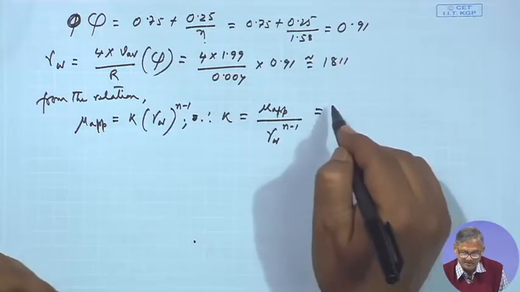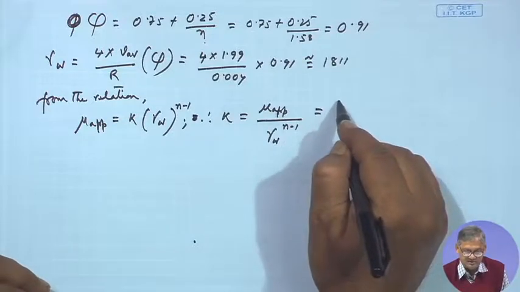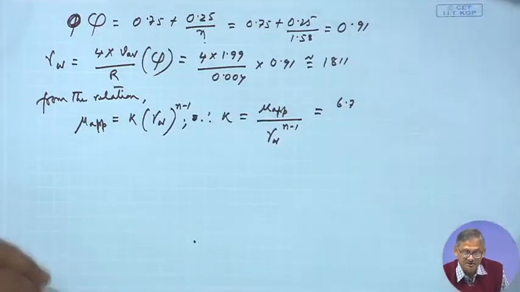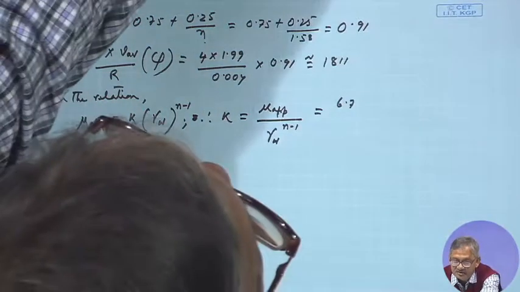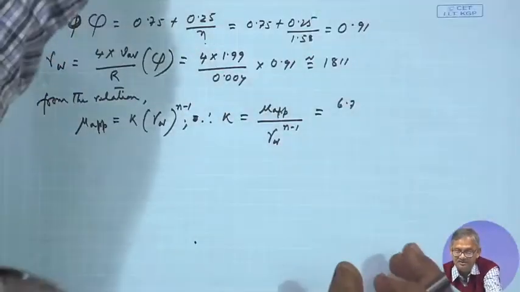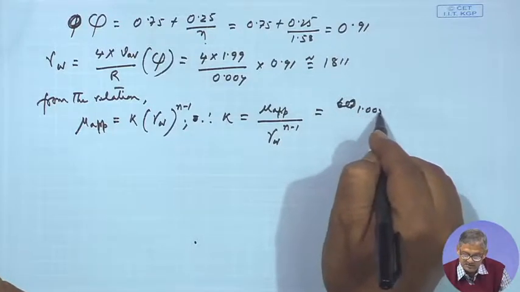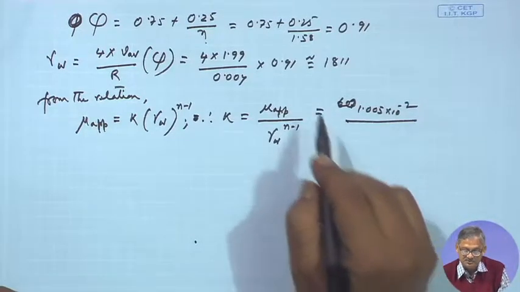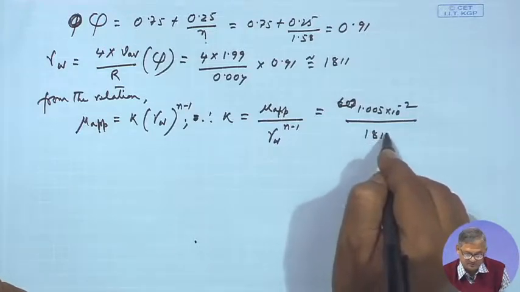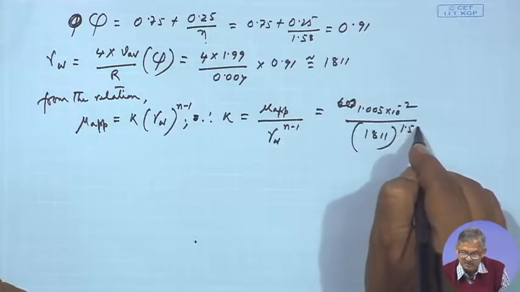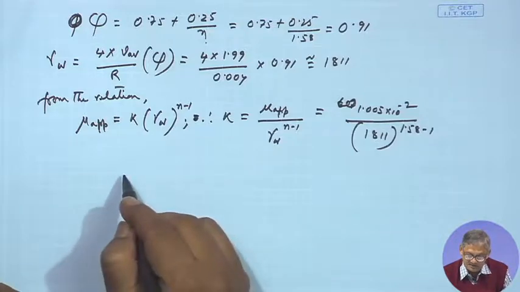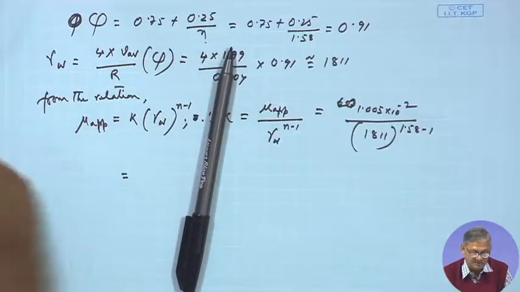Now, mu apparent we got 6.7 in one case; in the other case we got 1.005 into 10 to the power minus 2, and gamma at the wall we found to be 1811. Of course, we are taking 1.58 as n.